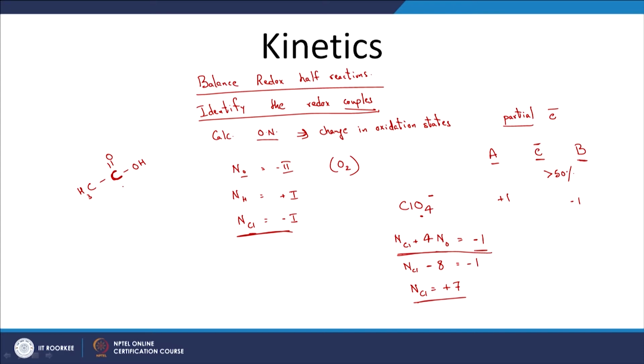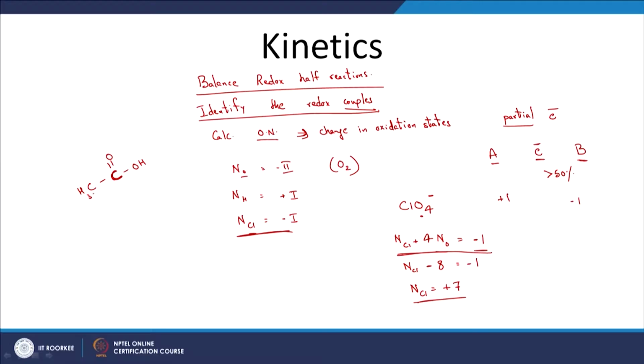Let us try to calculate the oxidation states of these two carbon atoms. Keep in mind how we assign oxidation numbers: if an electron is shared between two atoms, we look at which atom is more electronegative and assign the electron to that atom, and then calculate the charge accordingly.